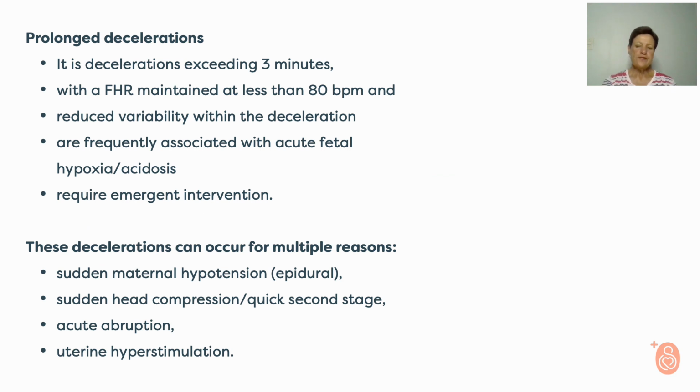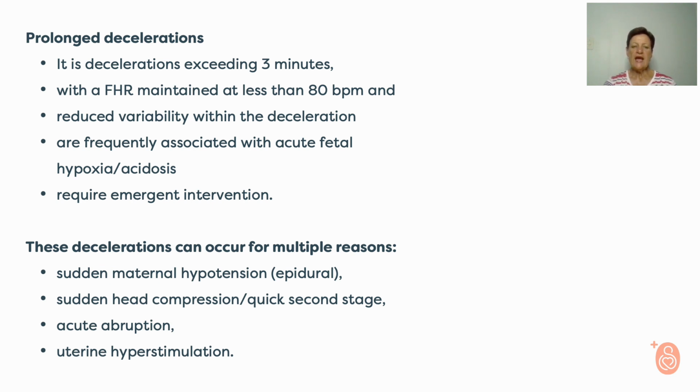Then our fourth type of decelerations that we're talking about here is prolonged decelerations. That's a deceleration that exceeds 3 minutes. It lasts longer than 3 minutes, and the fetal heart rate stays usually below 80 beats per minute for longer than 3 minutes.